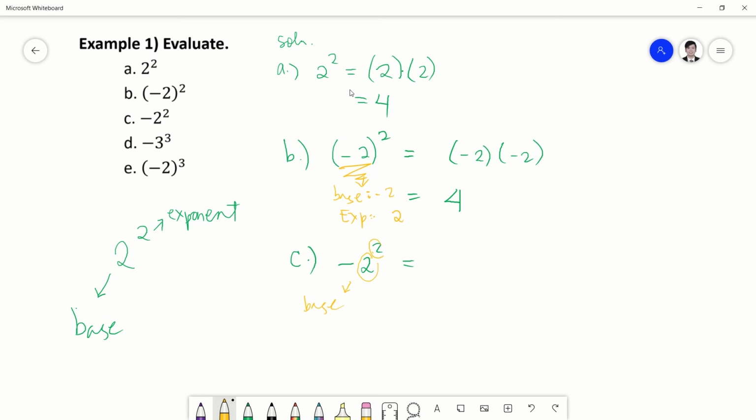And the exponent, the small number on top, is still the exponent. So that means this negative here is a negative 1 times the exponential form 2 squared. So we can write it down as negative 1, because of the negative sign, times 2 squared.